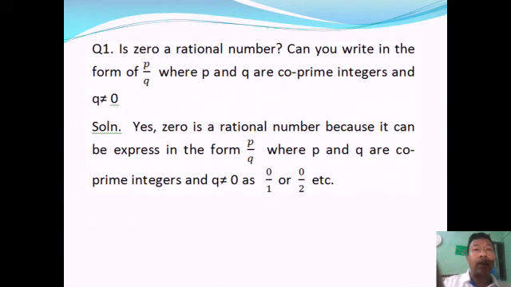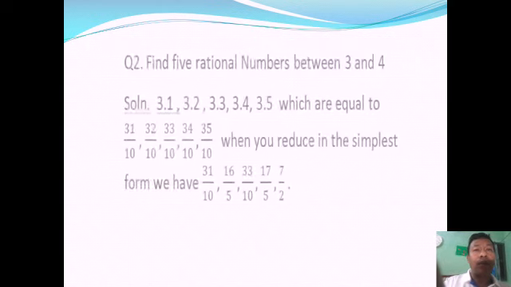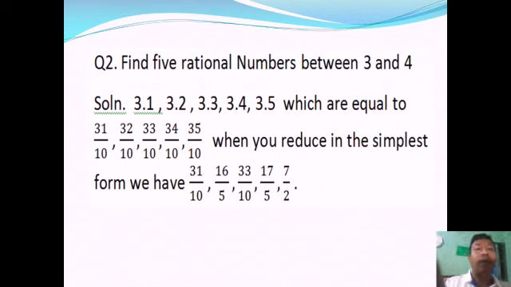Let us see the second question. Find 5 rational numbers between 3 and 4. Between 3 and 4, we can have infinitely many rational numbers, and the question asks us to find only 5. So we can have, in decimal form, 3.1, 3.2, 3.3, 3.4, 3.5, which are equal to 31 by 10, 32 by 10, 33 by 10, 34 by 10, 35 by 10.